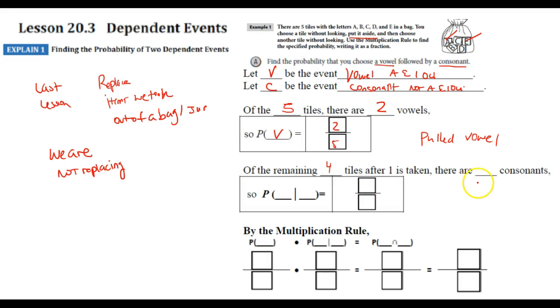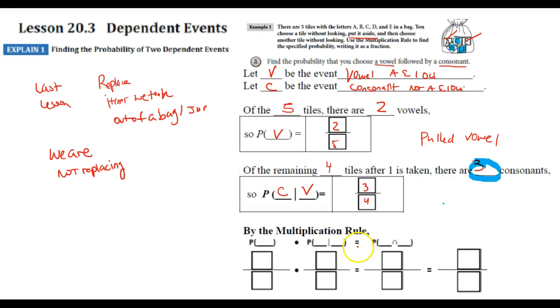And how many consonants are there still in the bag? Let's say we pulled one of the vowels. How many consonants are left? I'm going to color code this so you can see the consonants. There are still 1, 2, 3 consonants. So the probability that I pull a consonant after a vowel is 3/4.